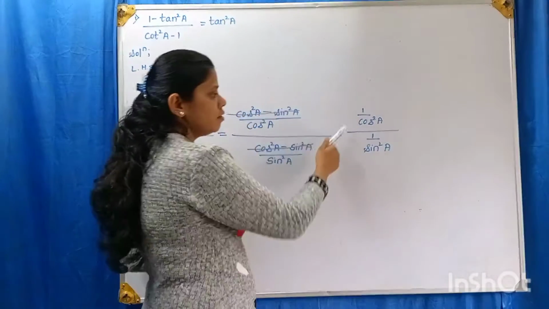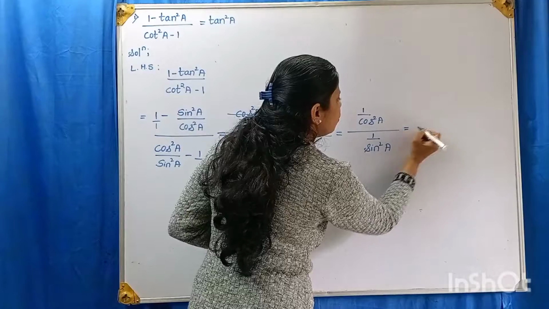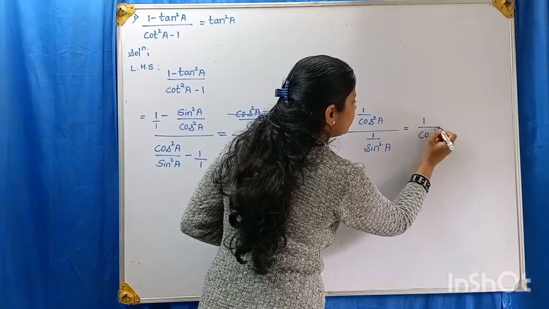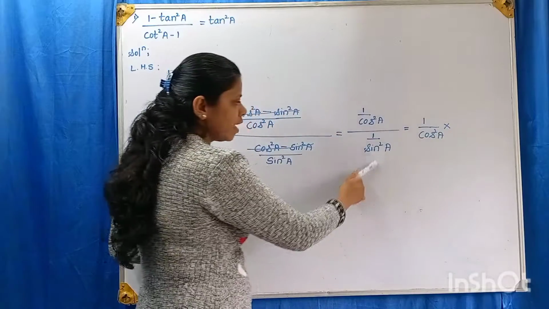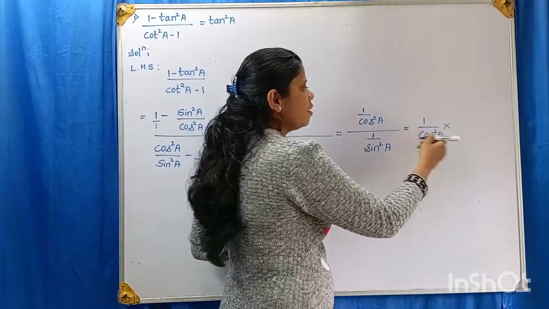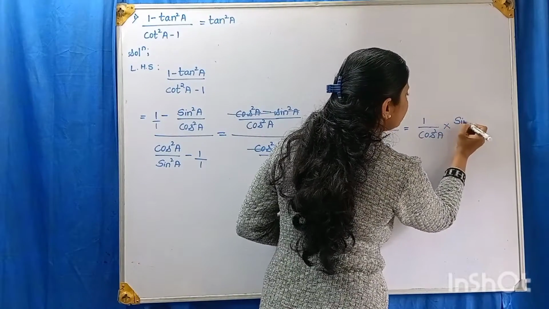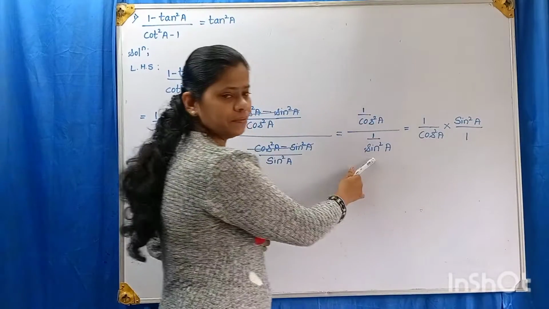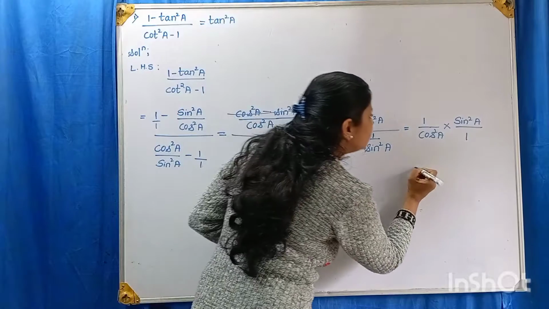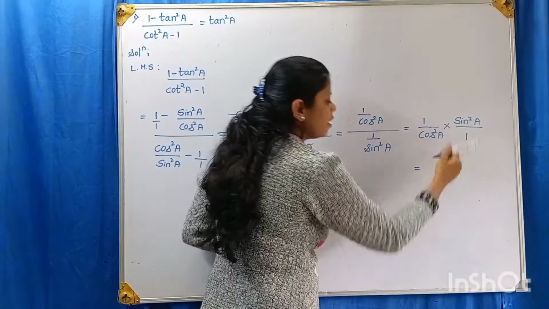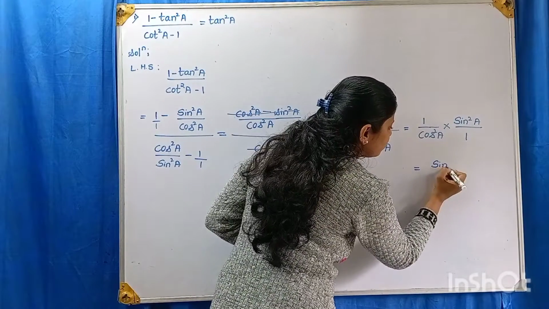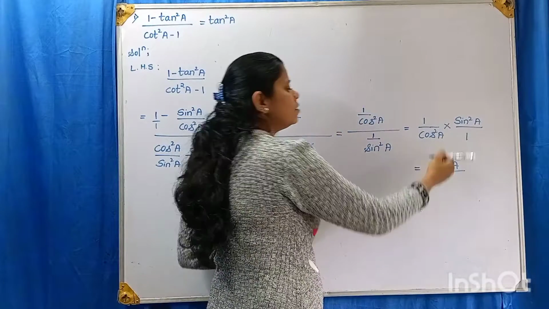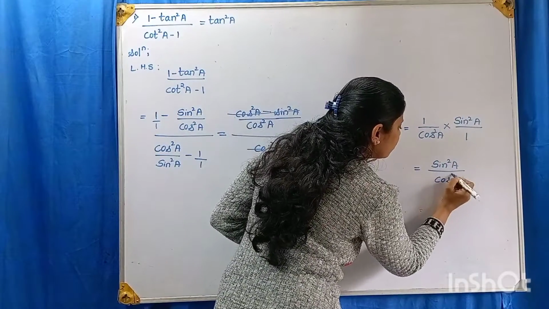Okay. Now, it will become 1 by cos²A into this sin²A, it will go to the numerator, into sin²A divided by 1. Right? Now, 1 into sin²A is sin²A divided by cos²A into 1 is cos²A.